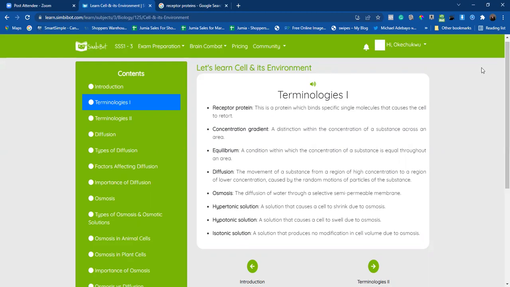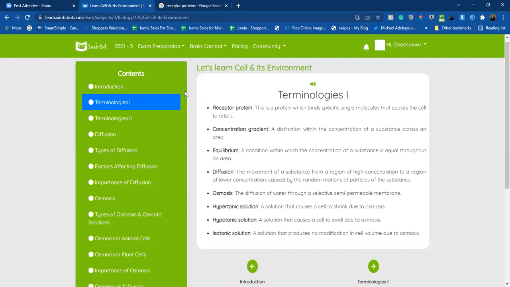Okay, so let's continue. Last week we talked about cell and its environment. So we previously looked at cell and we said that cell is the smallest unit of life. We looked at different kinds of cells. We looked at the eukaryotic cell and the prokaryotic cell, and we were able to draw differences and similarities between these different kinds of cells. And we also looked at the different structures in the cell.